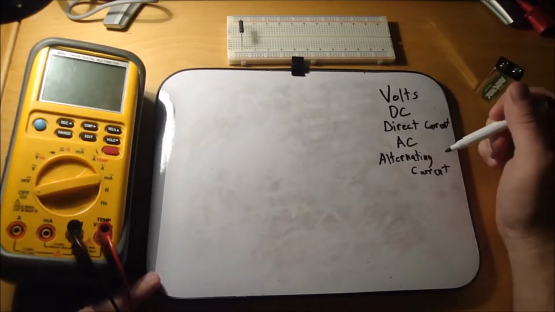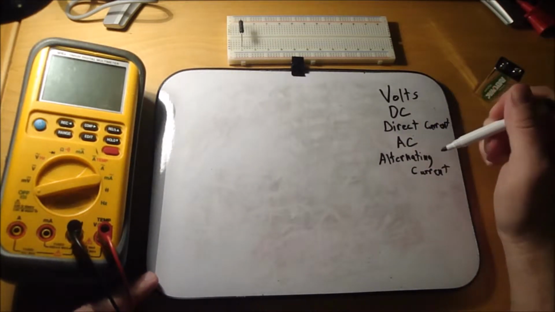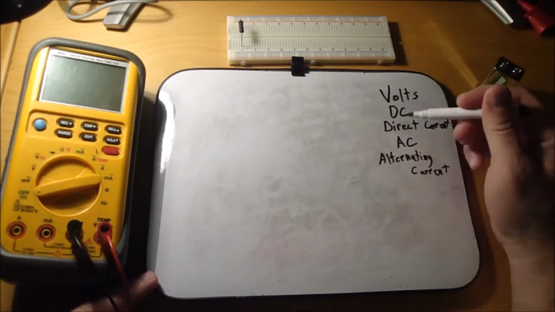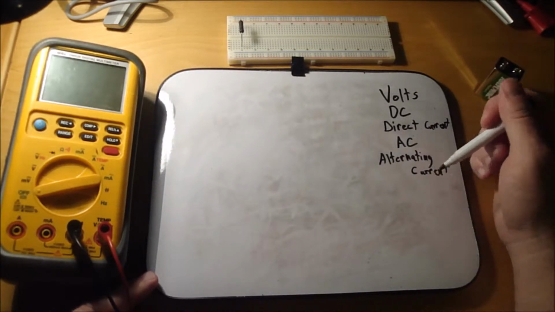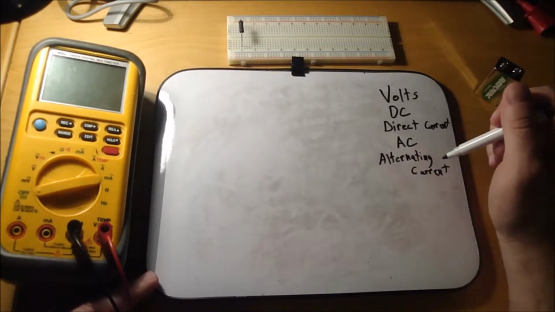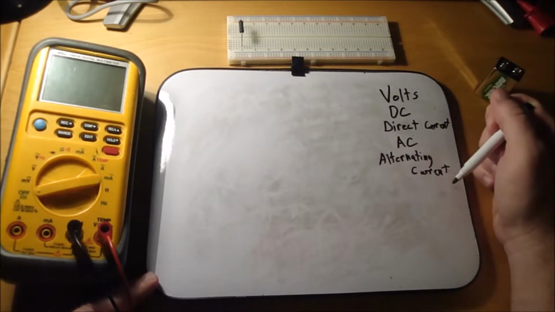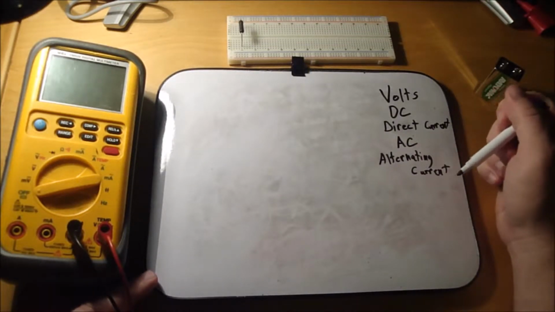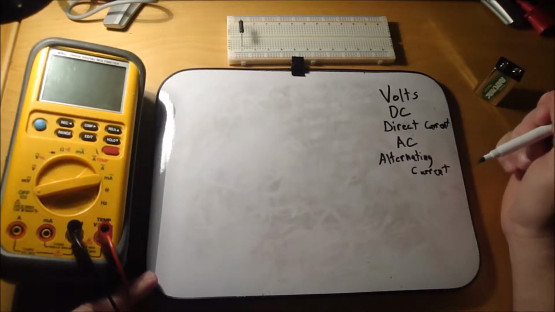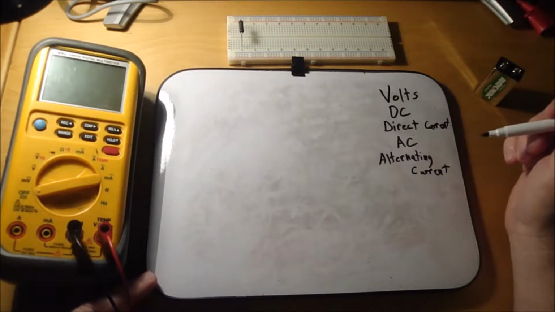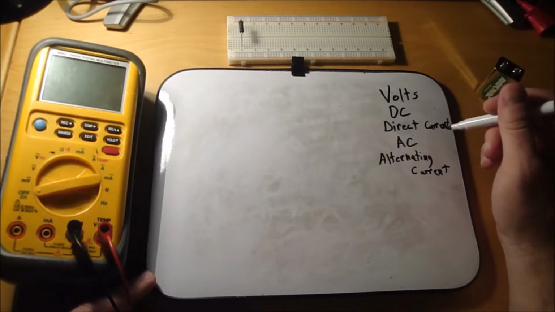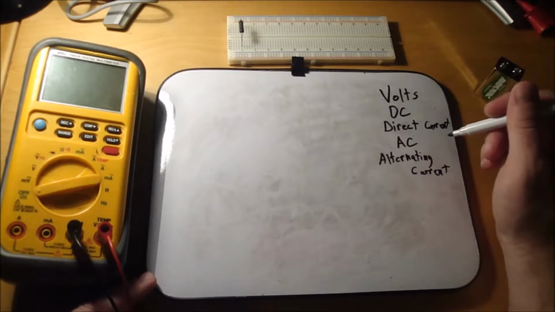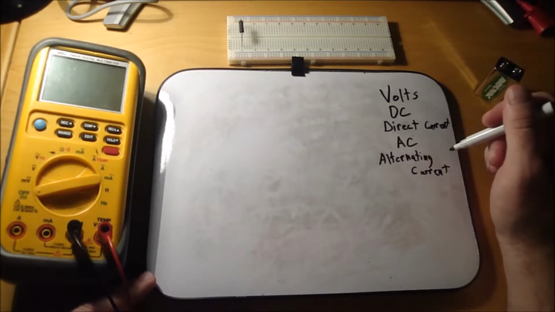With alternating current, you do not have a steady constant supply. You have a wave of voltage, and there's different types of waves you can have, but the type of AC that you're going to typically recognize is the output from your outlet in your home. So you got your plug-in, which is 120 volts AC.